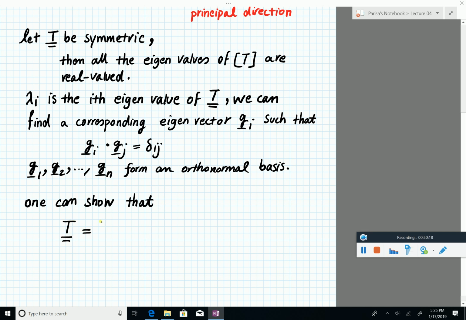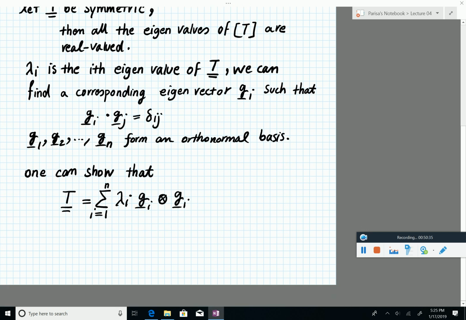That you can write T as this summation. Why am I not using tensor notation here? Because I have I repeated 3 times. I cannot use tensor notation, so I have to keep the summation symbol there.